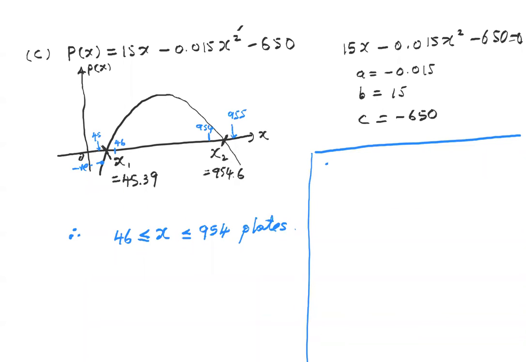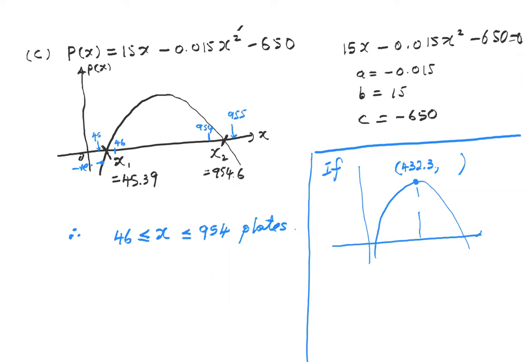So if I have a situation whereby my maximum number of plates is 432.3, for example, the number of plates cannot be 432.3, correct?